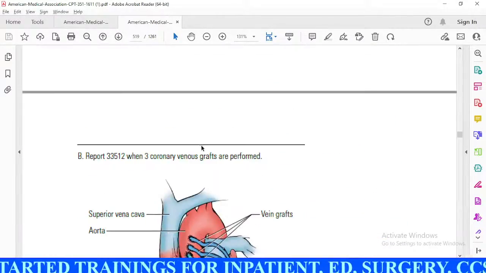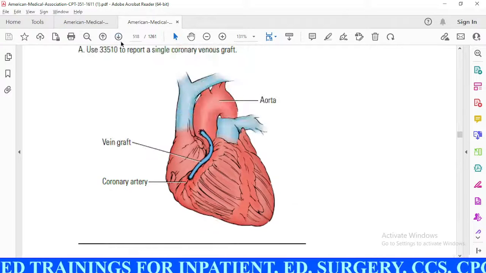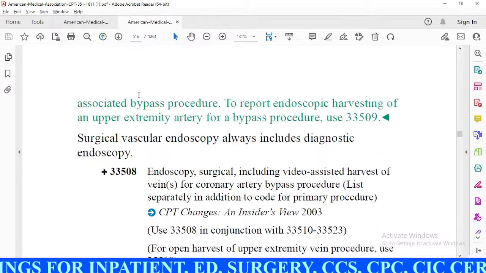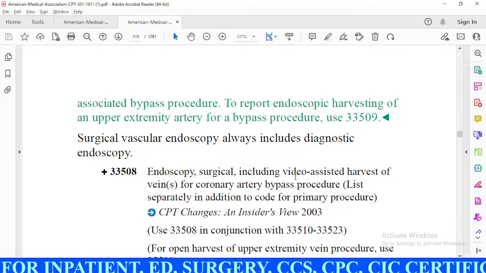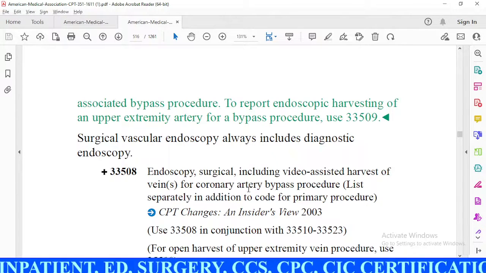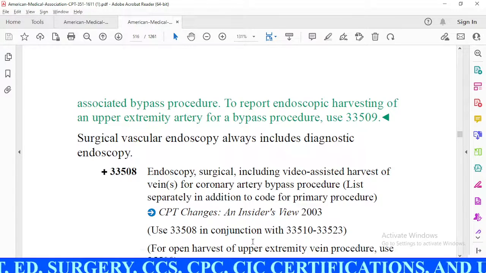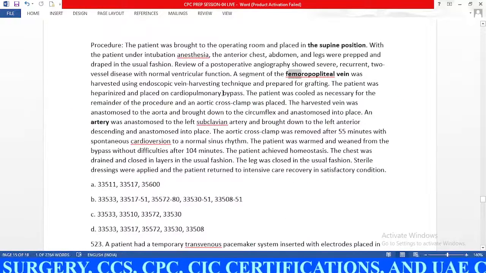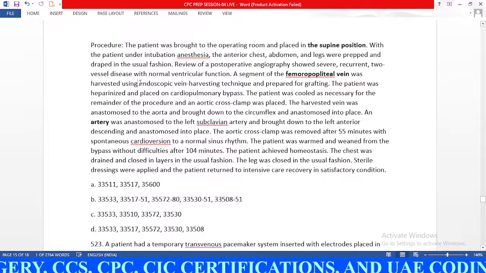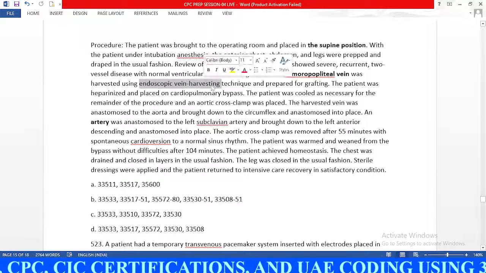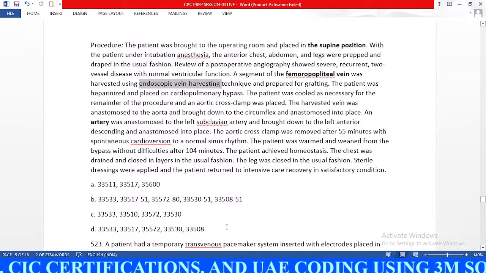What is 33508? Endoscopy, surgical including video assisted harvester for coronary artery bypass procedure. Here, the keyword is endoscopic vein harvesting. So we need to code 33508 also.